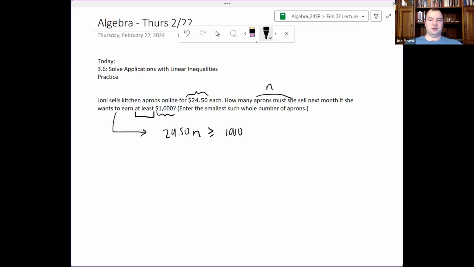Well, nicely enough, the variable term is already isolated from the constant term, so no additional work to do there. We isolate the variable. We do that by dividing by the coefficient of the variable. And I keep writing 24.50 just because I'm thinking in dollars and cents, but you could write 24.5, that's fine.